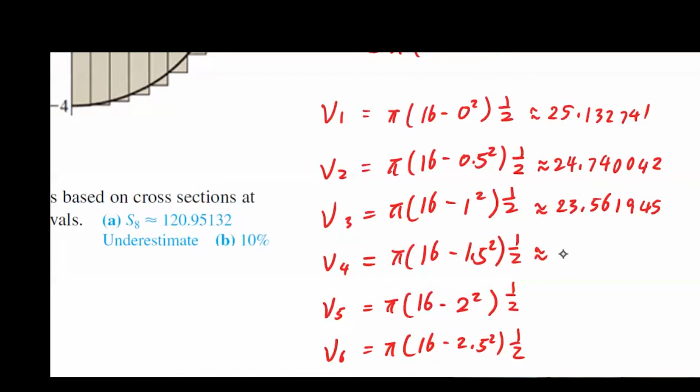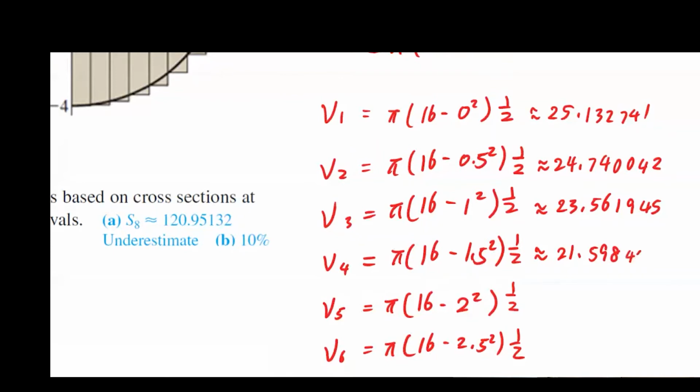V4: 21.598. Wait, was it 4598? 21.598. Okay, 21.598 and three more digits, 450.